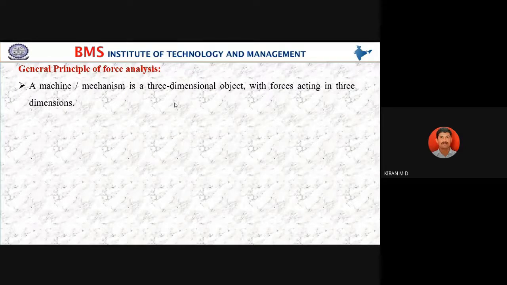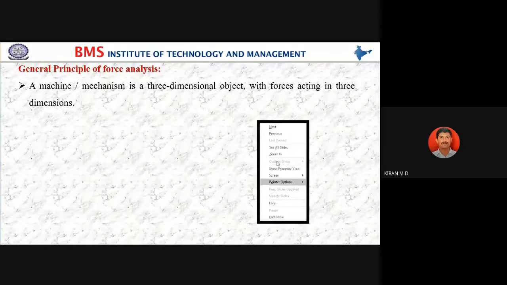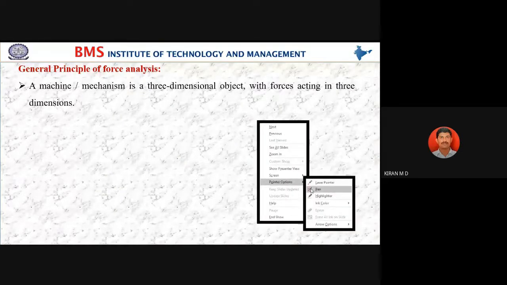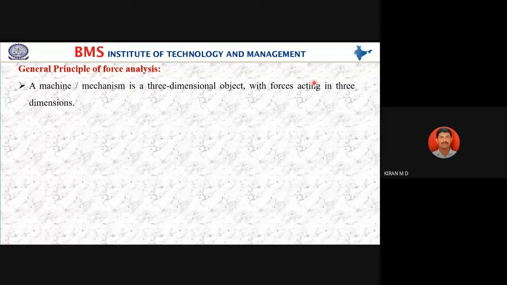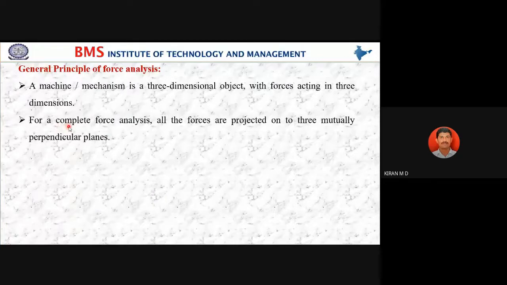The first one is that a machine or mechanism is a three-dimensional object with forces acting in three directions, either in X or Y or Z, in any direction the force can act. Next, for a complete force analysis, all forces are projected on three mutually perpendicular planes.